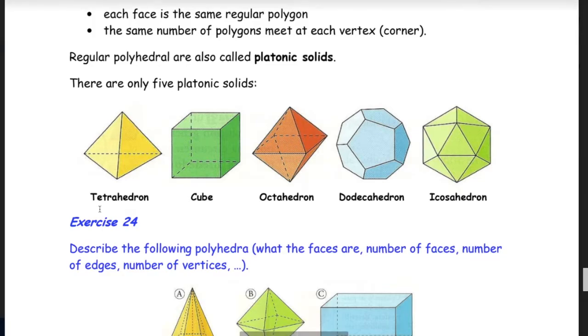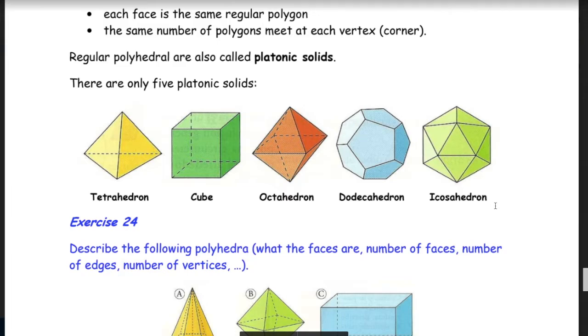The tetrahedron, cube, octahedron, dodecahedron, icosahedron.